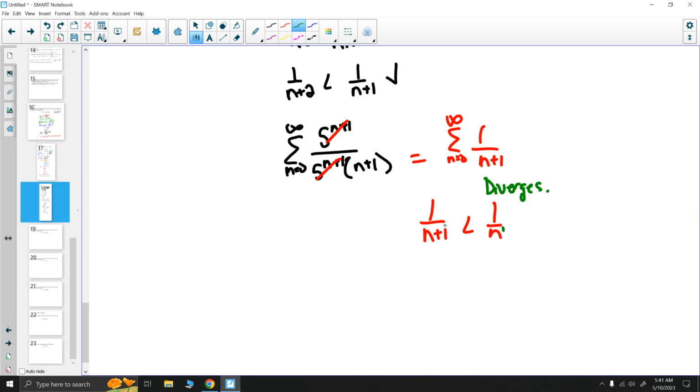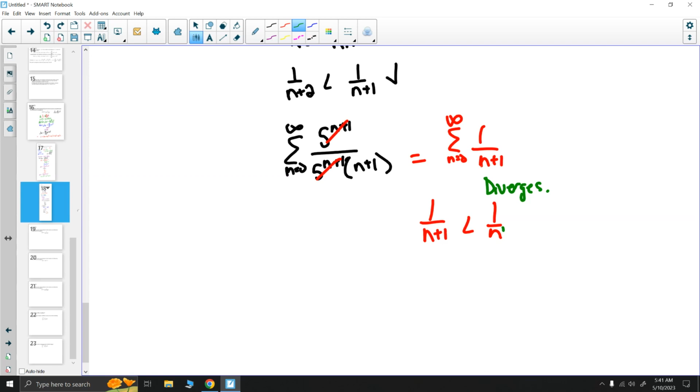And this is less than it, so that direct comparison doesn't tell us anything about this converging or diverging. Since this diverges and this is less than, we don't really know if it diverges. But I think we can see that the difference between these two is minimal, so there's really no way that this would converge, very likely. But that's not very mathematically rigorous.